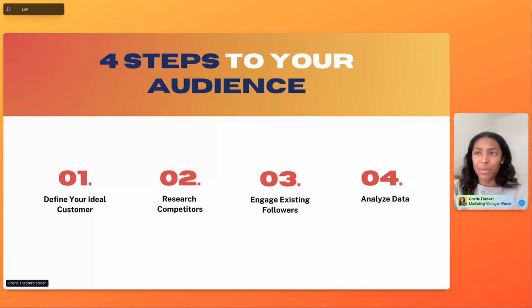So making sure that you are going back and finding what's worked, what didn't work, what needs a little tweak is the best way to really tailor your content to your audience. So making sure that you are either using the insights within the social media platforms that you are on, or using a third party like Flamel is the best bet.